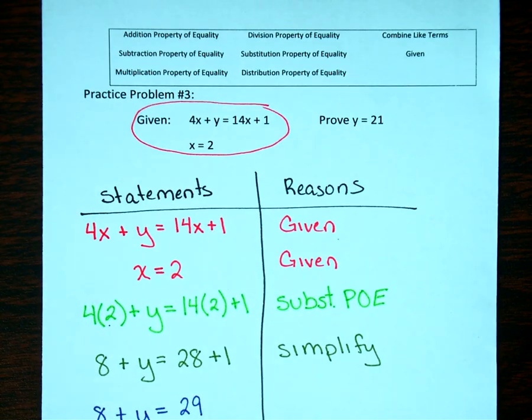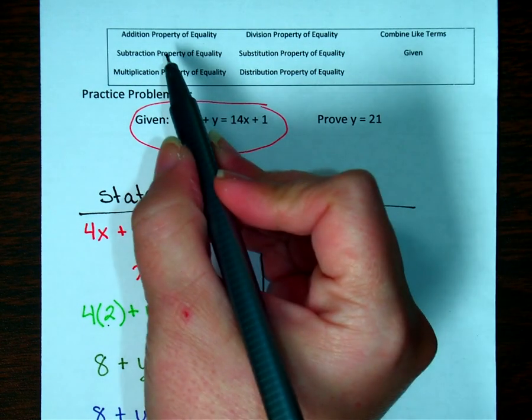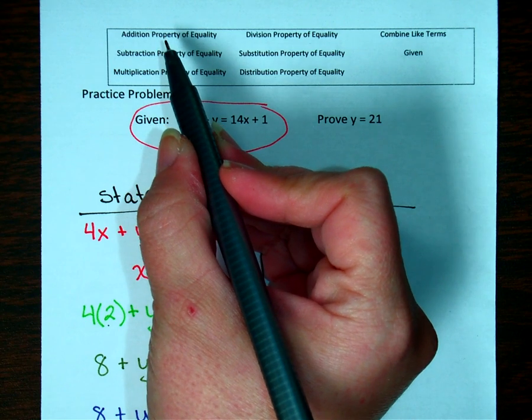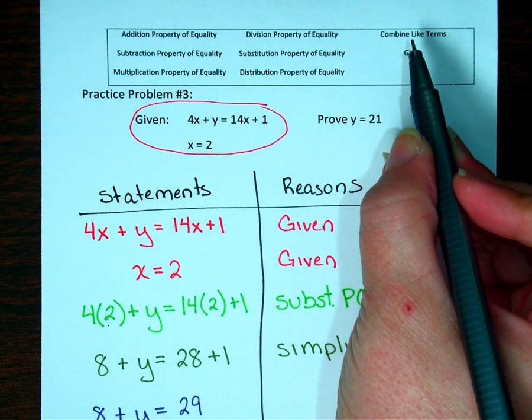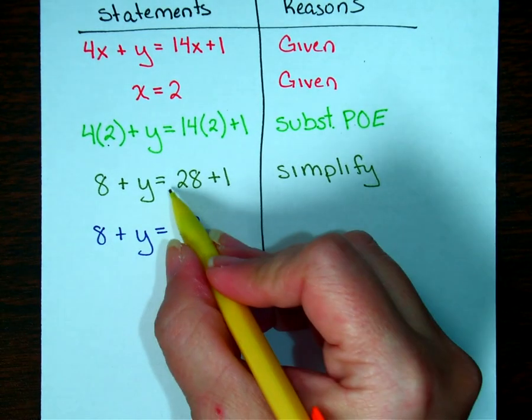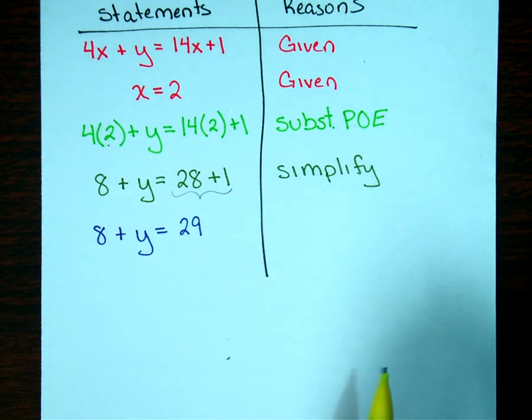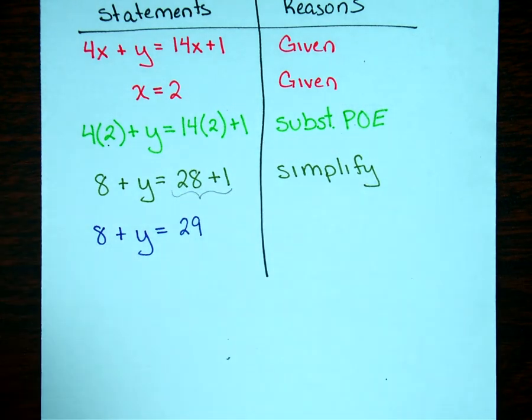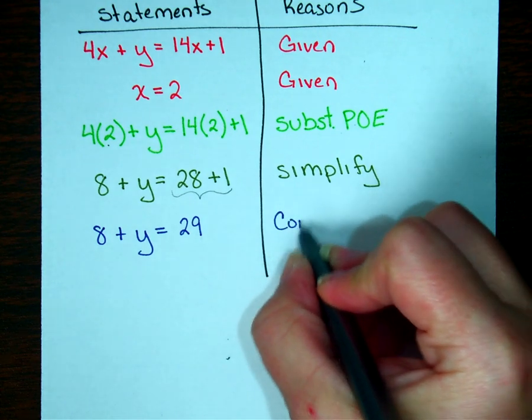That is in my list. We added, but it's not the addition property of equality because I didn't add on both sides. I combined like terms. So when I put these two together on the same side to get the 29, that is combining like terms.